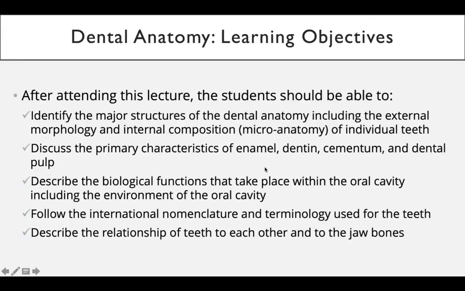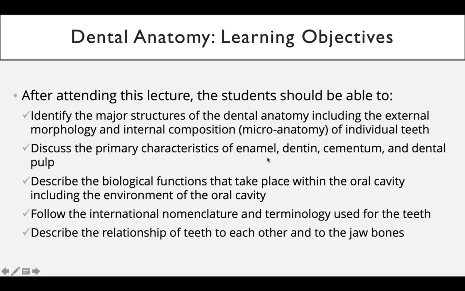The learning objectives of our class: after attending this lecture, the students should be able to identify the major structures of dental anatomy, the anatomy of the teeth, including the external morphology and the internal composition, also known as the microanatomy of individual teeth.